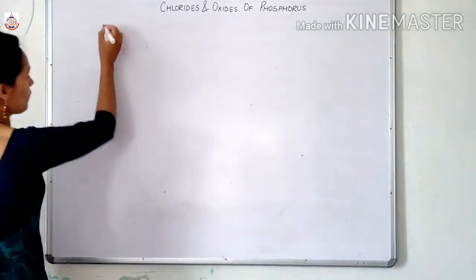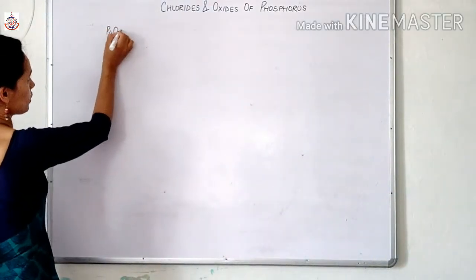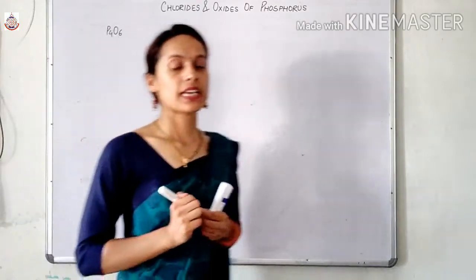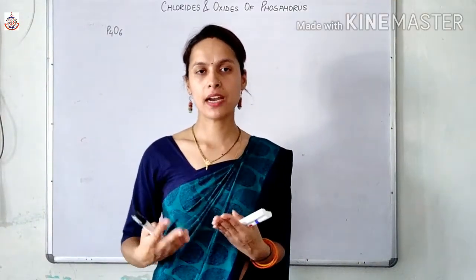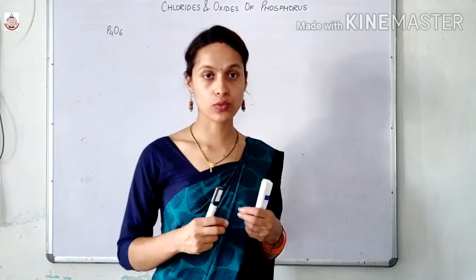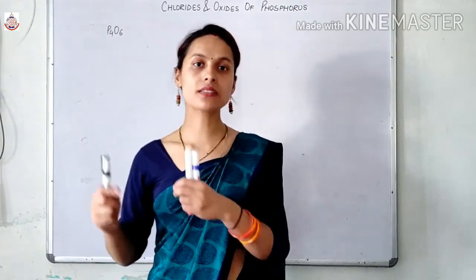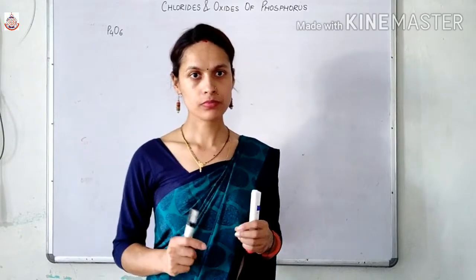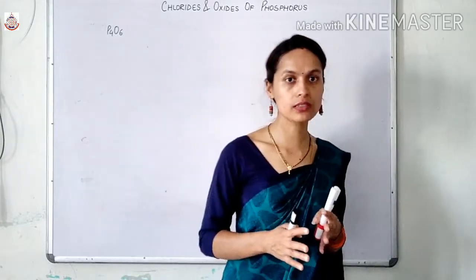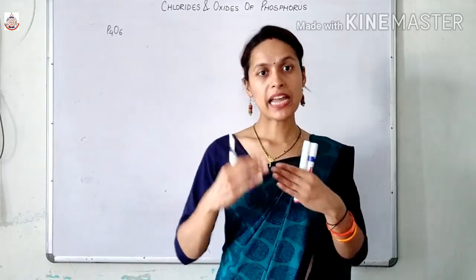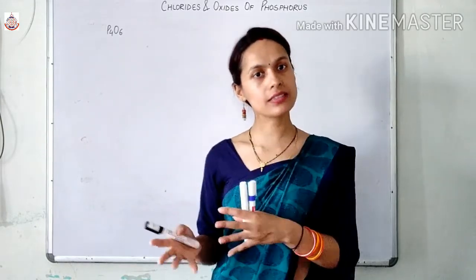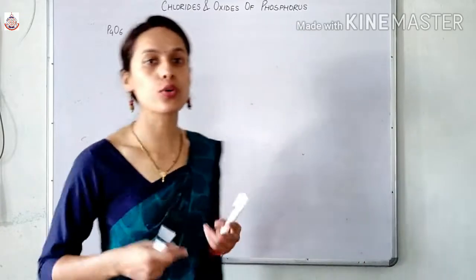First of all, P4O6 can be prepared by heating white phosphorus in a limited supply of air. By heating white phosphorus in a limited supply of air we get P4O6, and by heating white phosphorus in an excess supply of air we get P4O10.